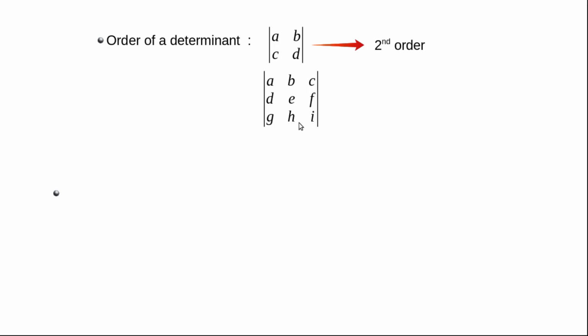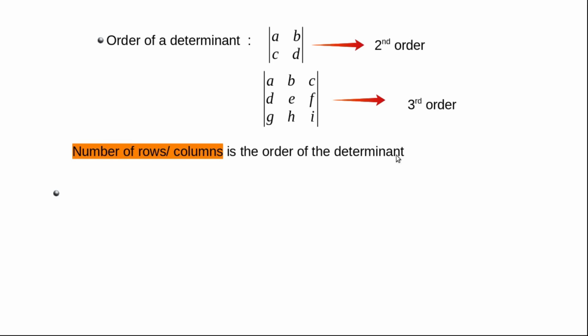Now I take another determinant with 3 rows and 3 columns. It will be called a third order determinant. So we may conclude that the number of rows or columns is the order of the determinant. Because rows and columns are equal in number in a determinant, the number of rows or the number of columns is the order of the determinant.